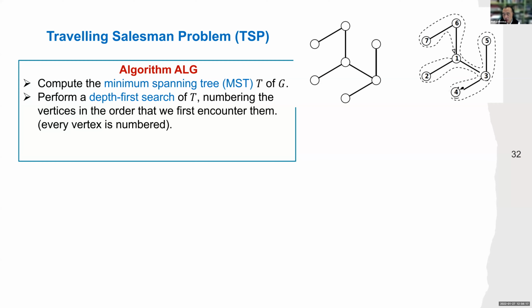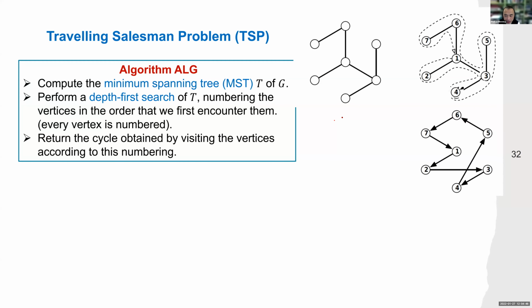For example, when you start from 1 and go to 2, come back, and then go to 3, then to 4, you can continue going deeper. But when you go to 4, there's nothing beyond that. So you have to come back to 3 again. But when you come back to 3, you can go to 5 now, and then back. So basically, you are able to find a tour which goes through every edge exactly twice.